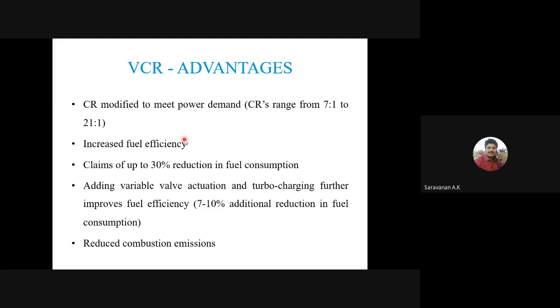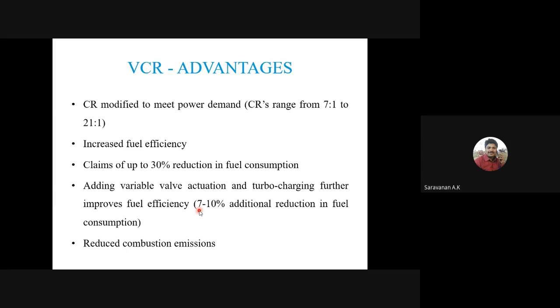It will climb up to 70% of fuel only. Then the additional variable valves and the additional element, the turbocharging, will improve the fuel efficiency.